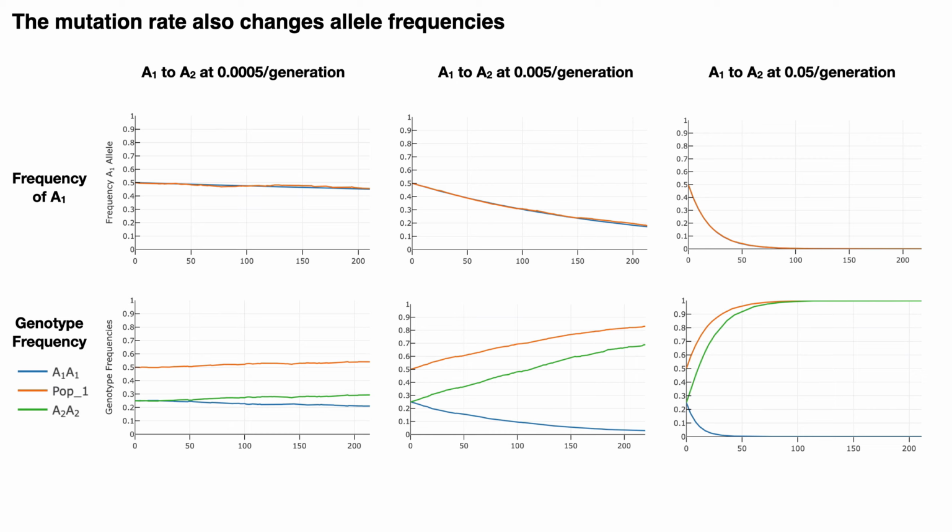With 10 times higher mutation, it scoops down pretty noticeably, and then with even 10 times more mutation, it's basically lost from the population within about 100 generations. The bottom panel is showing you for that same low, medium, and high level of mutations how the genotype frequency changes as well.